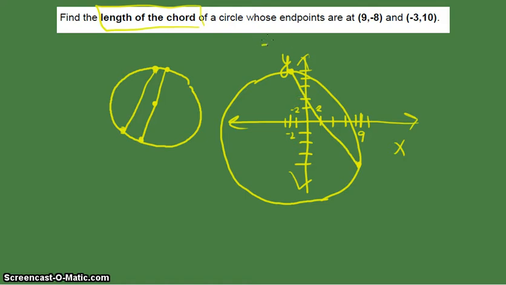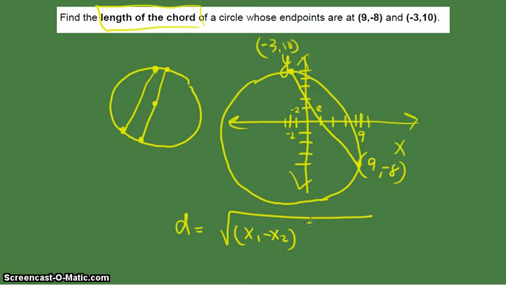So if this is (-3, 10) and this is (9, -8), there is a formula that can find the distance between 2 points, and that is d equals the square root of (x1 minus x2) squared plus (y1 minus y2) squared, where (x1, y1) and (x2, y2) are the points.